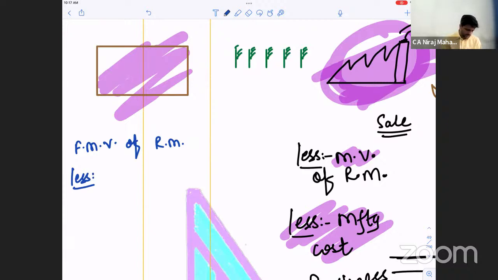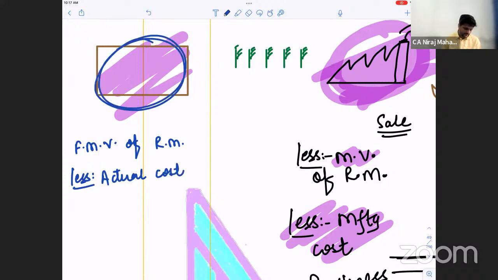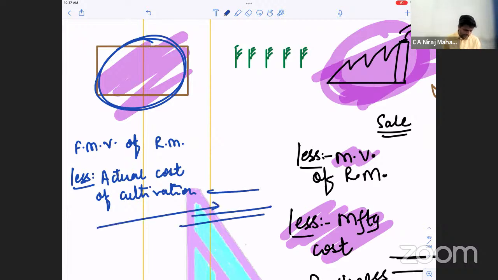What cultivation am I talking about here? The expenditure on the land. That I will reduce. What I get after that is my agri income. This will be exempt, no?